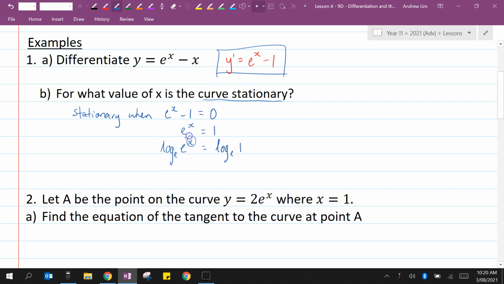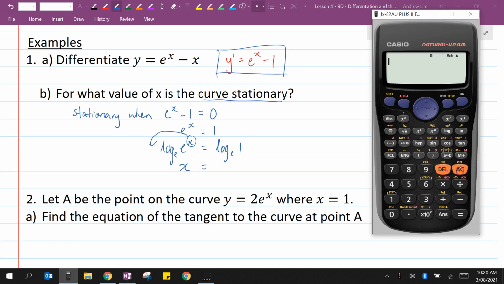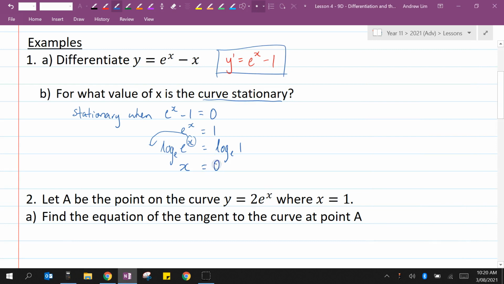Or we can bring this x down to the front because it's a power, and log base e of e is 1, so x times 1 is just x. Is equal to, well, log base e of 1 is 0. If I were to grab my calculator out and do ln, log base e is natural log, so ln of 1 is 0. So x is equal to 0.